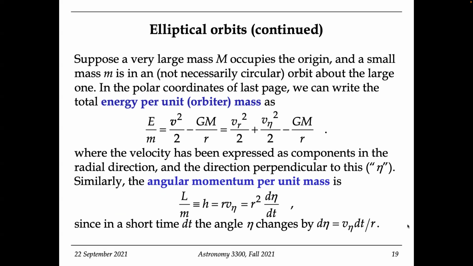But interestingly enough, I can break this apart into the two pieces, the radial velocity component and the tangential component. That's pretty straightforward. You can write this as the total energy for any orbiting body.